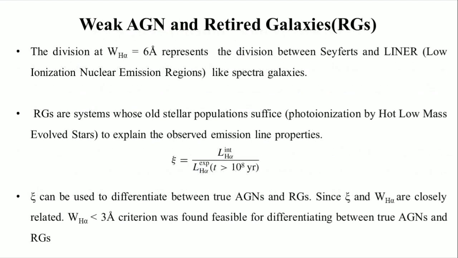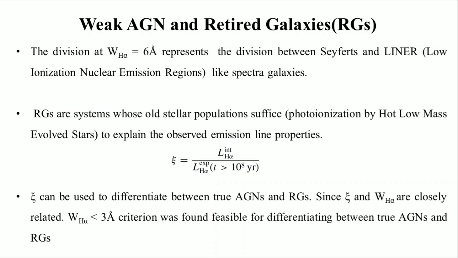Now, looking at weak AGN and retired galaxies, this is an important distinction because weak AGN can be misclassified as retired galaxies and vice versa, since their emission lines are very similar.